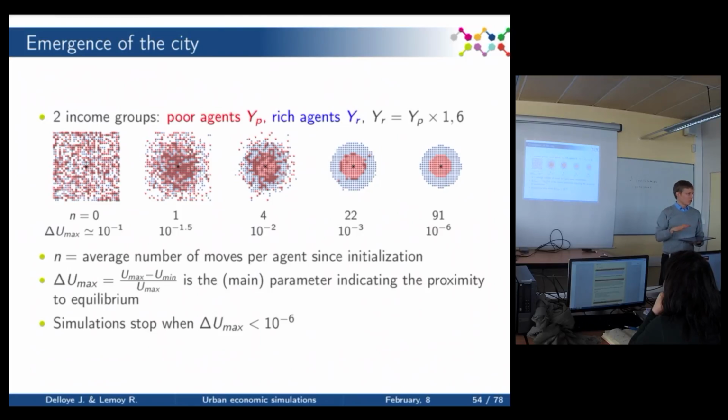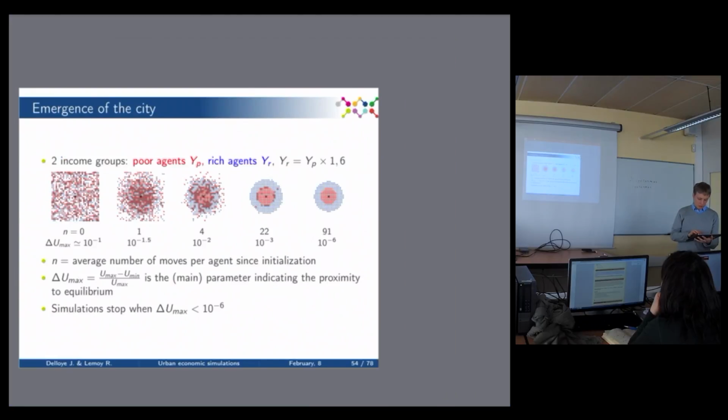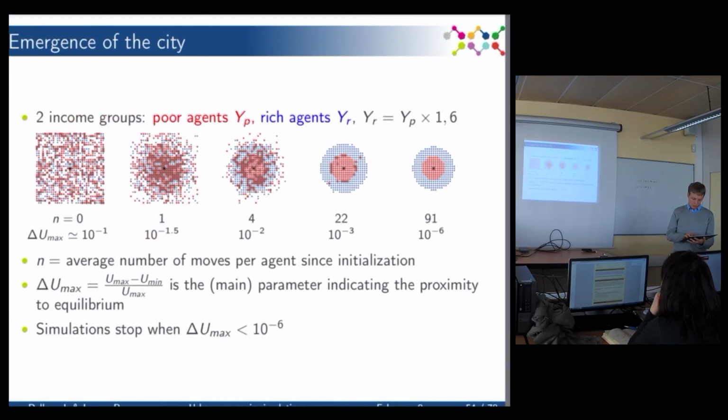So that's one important result: the utility is exactly the same everywhere. Well, exactly the same, up to numerical errors, because we are dealing with numbers now, and it's almost exactly the same up to a very small factor. Okay?